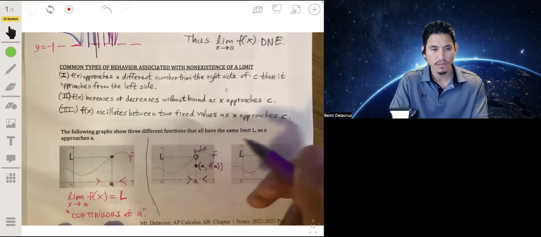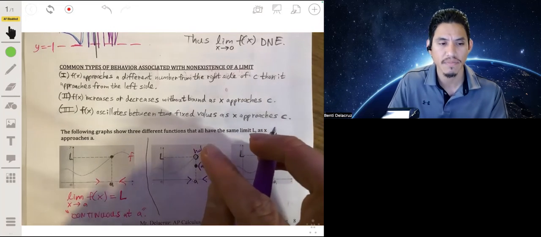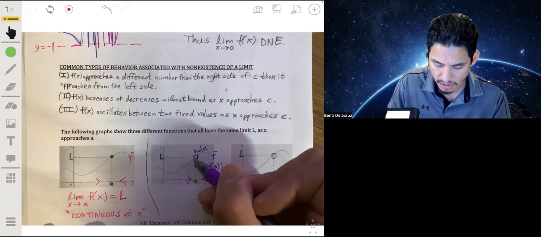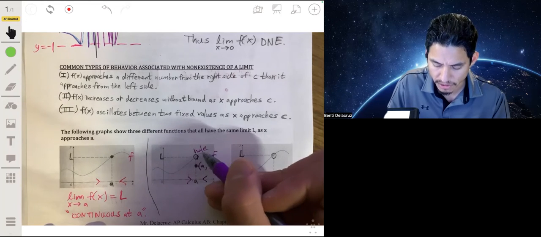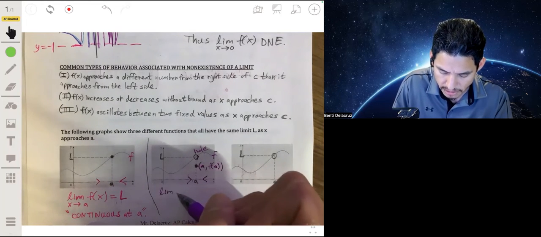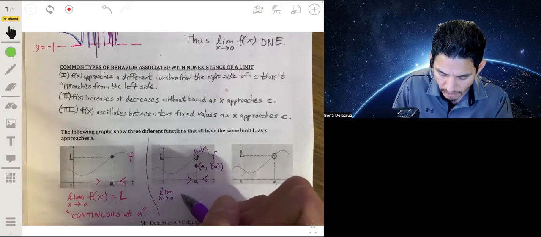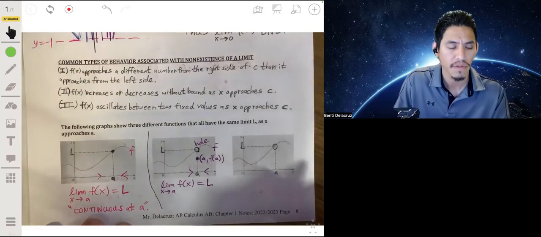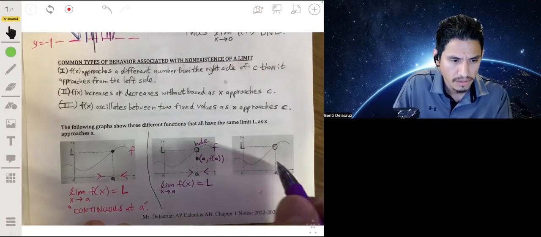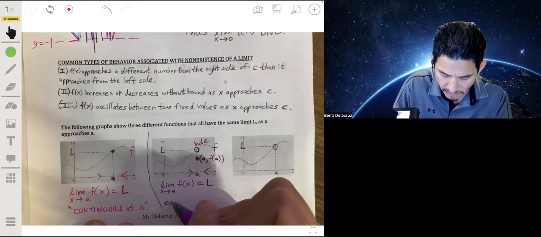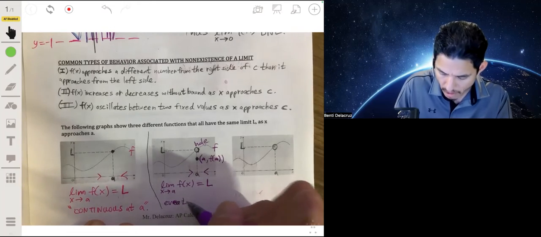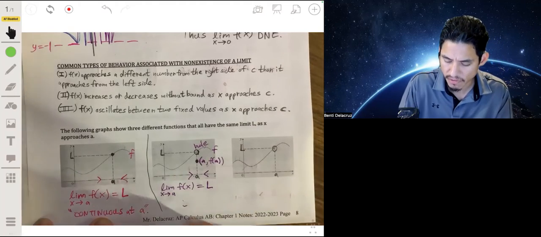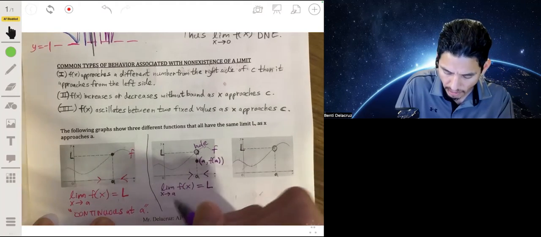And again, it doesn't matter that the function is not equal to the value of y at that point, as long as the graph approaches that point from both sides. So we can still say that the limit as x approaches A of f of x is still going to be equal to L, even though f of A is not equal to L.